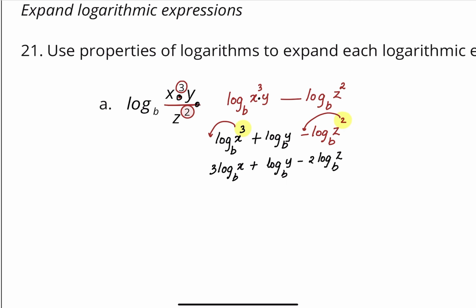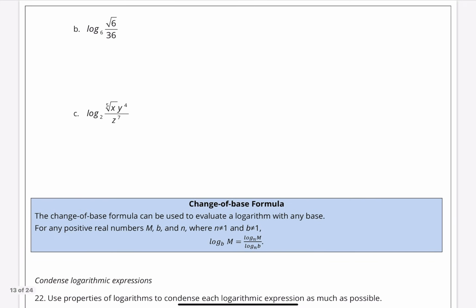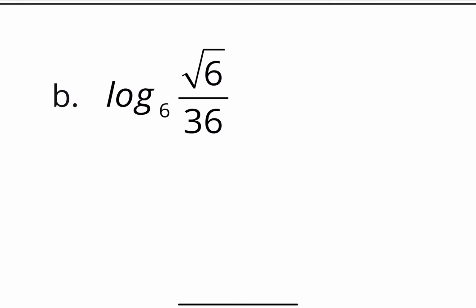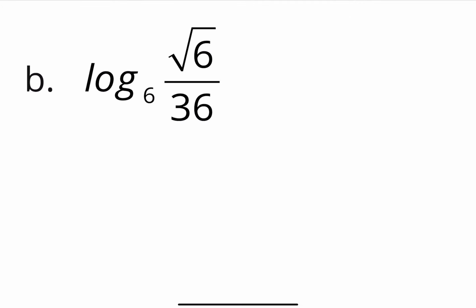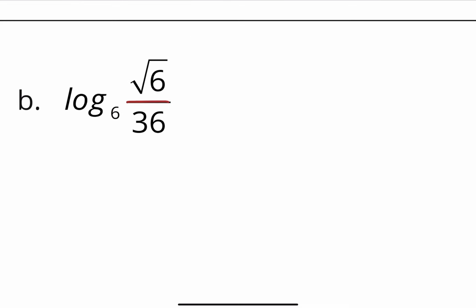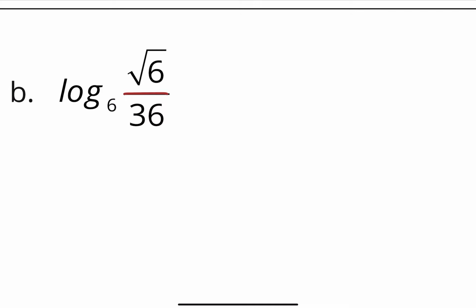All right, now let's go ahead and take a look at the next one. Here, what do I have? I have log, I have a division, right? That becomes subtraction. That's all I have. So this is log radical 6 base 6 minus log 36 base 6. Now, am I done?